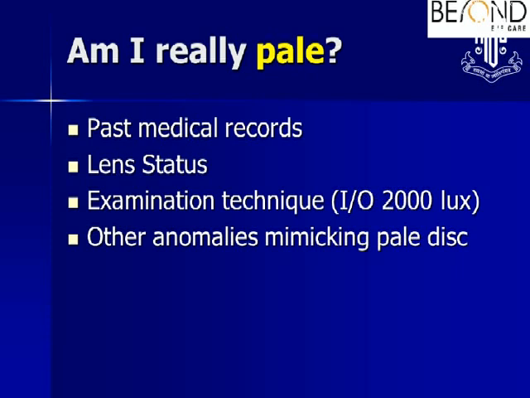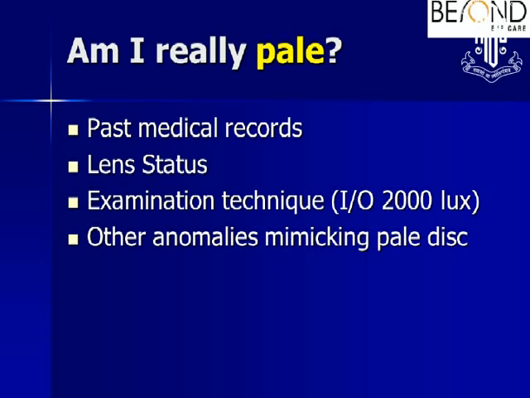Remember, the color of the optic nerve can be different depending upon whether the patient has nuclear sclerosis. You might feel that the nerve is a little more orangish. In a patient who has pseudophakia or aphakia, you will feel that the nerve is a little more pale than usual. Even the examination technique, as Dr. Sood was mentioning, each equipment that you use would be different.